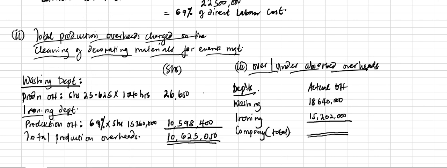That is 33,842 thousand for the company as a whole. Those are the total overheads in hand, so those are your actual overheads. Because now from the actual, we also need to see the overheads absorbed.